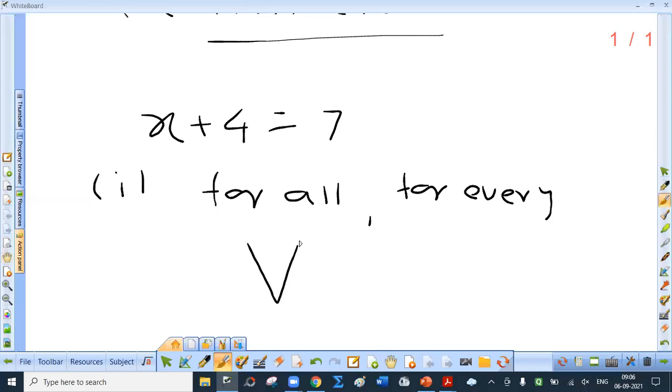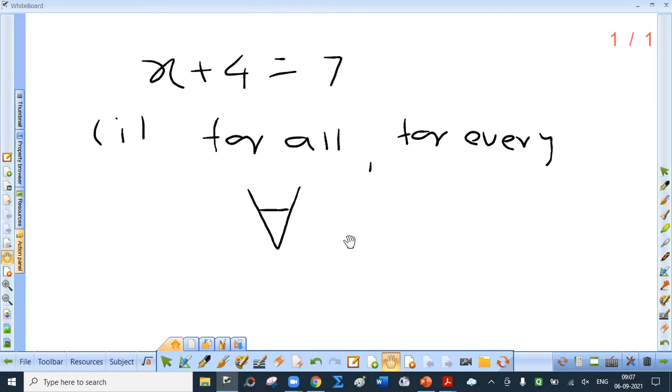Now you may ask me the name of this symbol. This has no name. This is inverted A, capital A, English alphabet. I repeat, there are two types of quantifiers. The quantifier for all or for every is called universal quantifier and is denoted by inverted A. The second quantifier is called the existential quantifier.